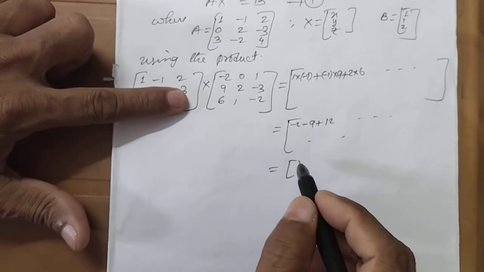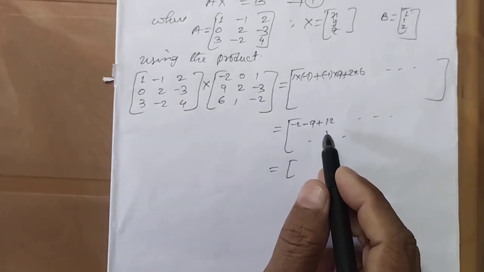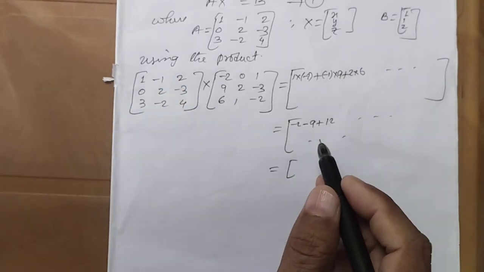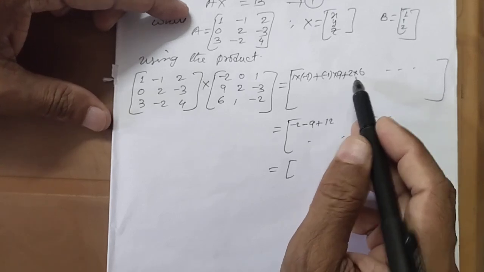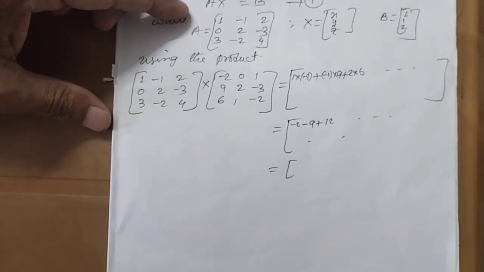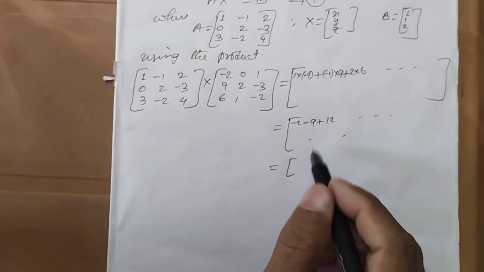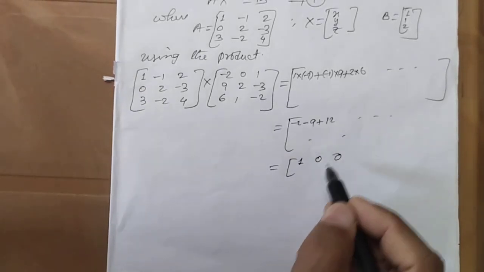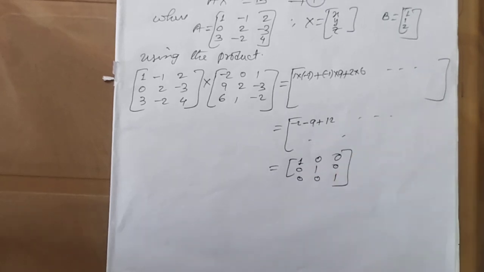You will get 1. You simplify, and you will get 1 0 0, 0 1 0, 0 0 1. If you simplify the right side, you will get like this.